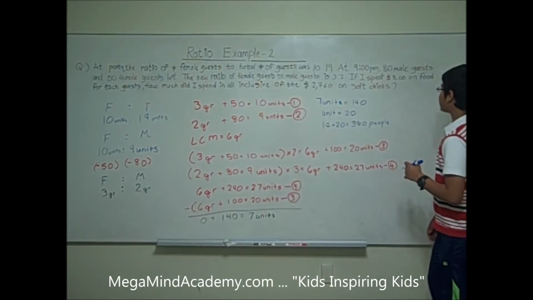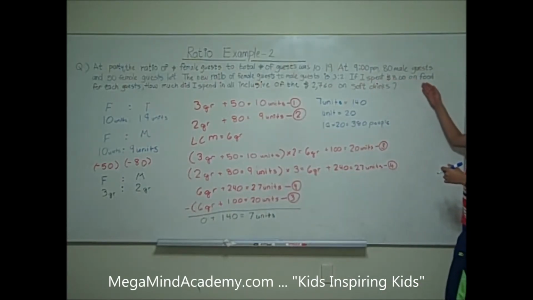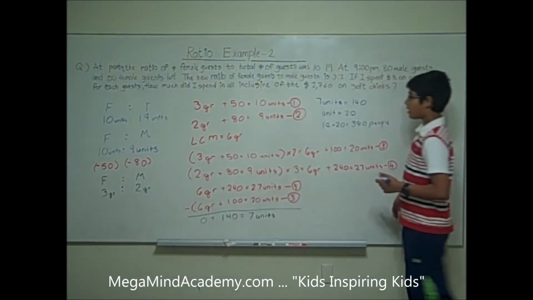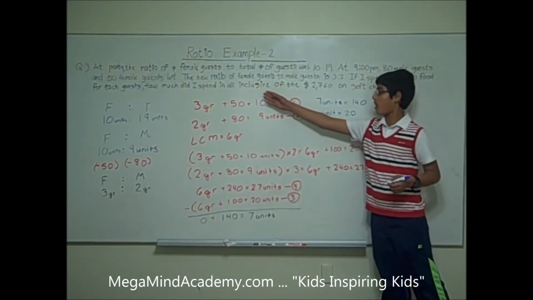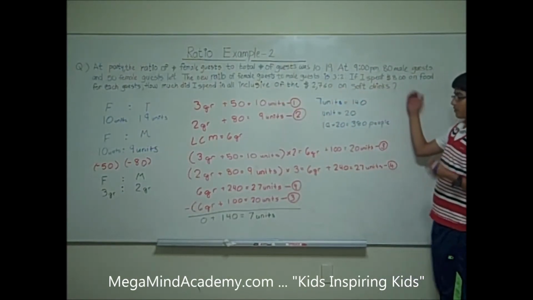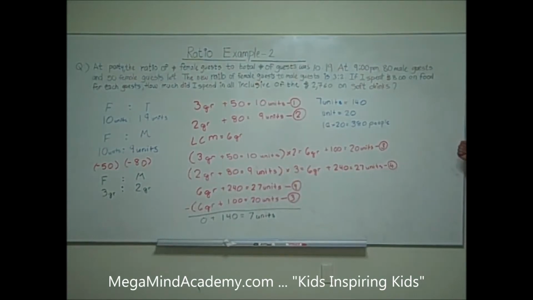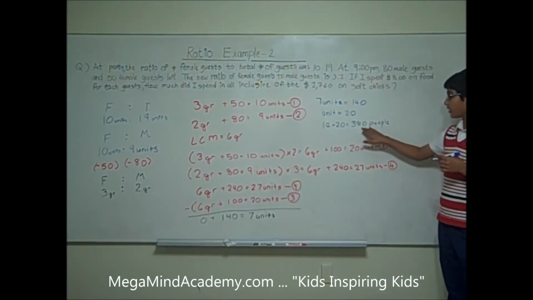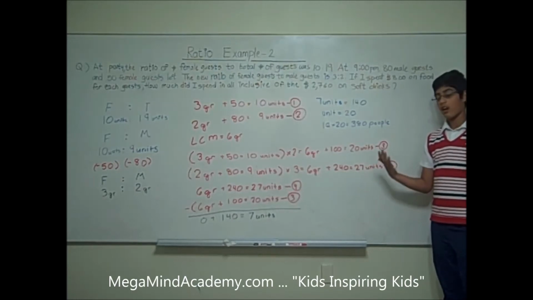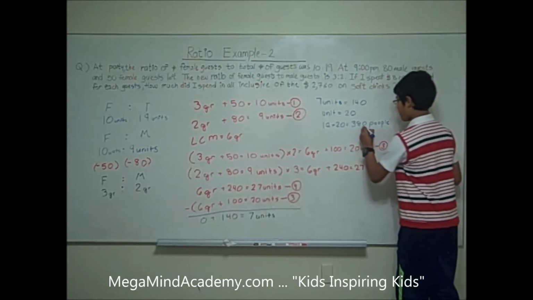Now, it says if I spend $8 on food for each guest, how much did I spend in all, inclusive of the $2,760 on soft drinks? So, 380 times 8 gives you the amount you spent on the food.